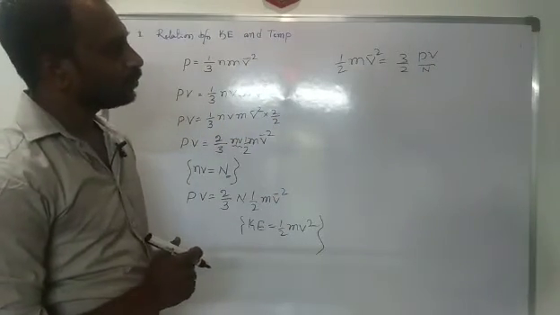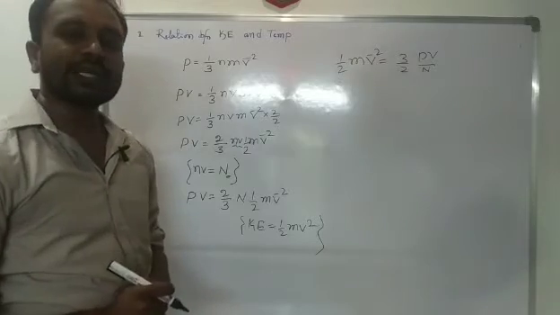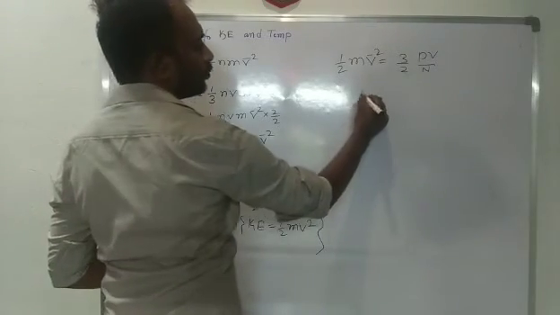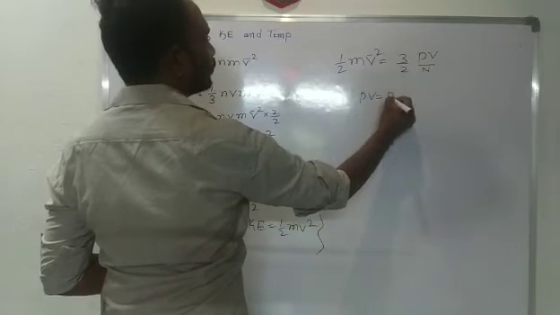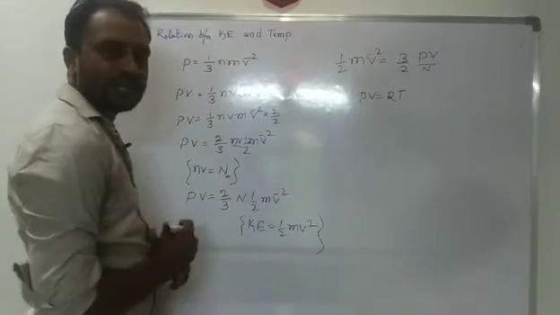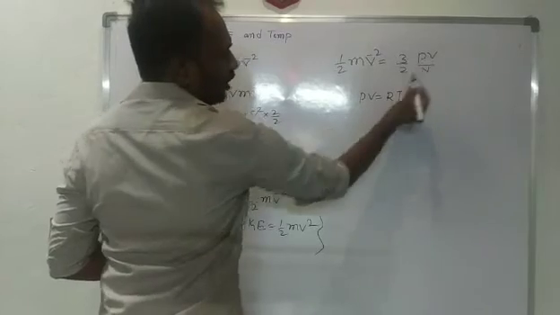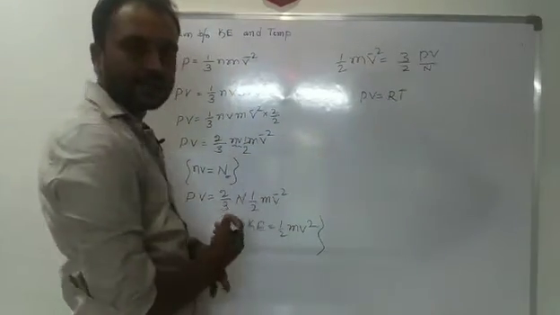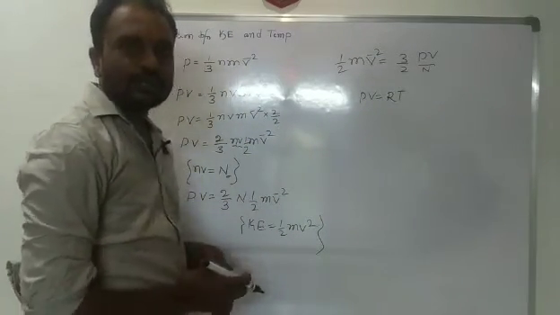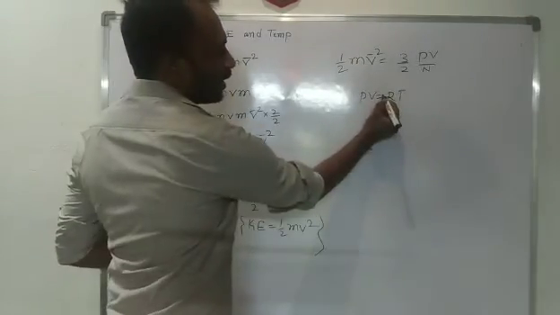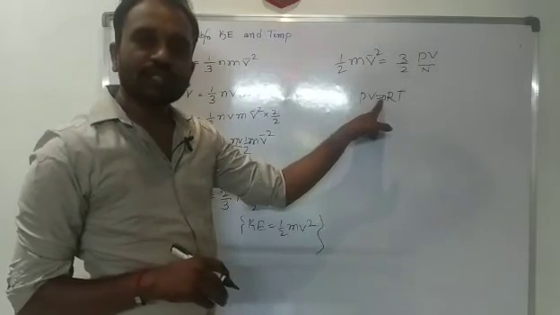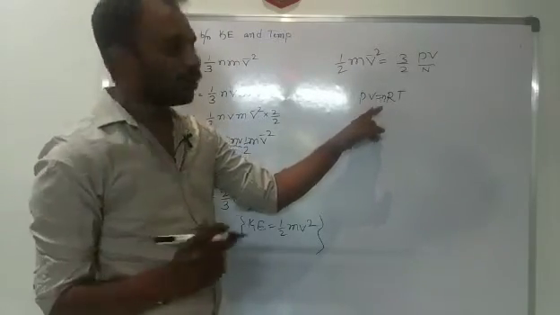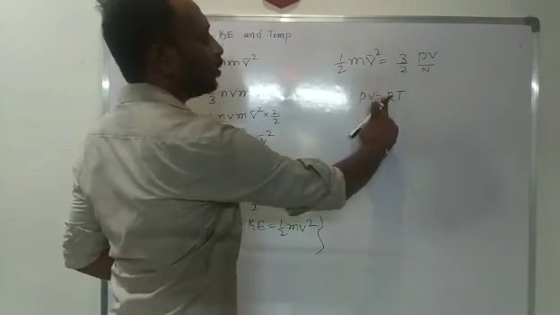Here you already know the ideal gas equation PV is equal to nRT. In place of PV we consider RT, for one mole, so PV is equal to RT.